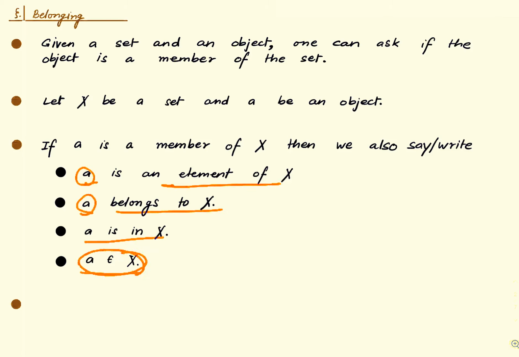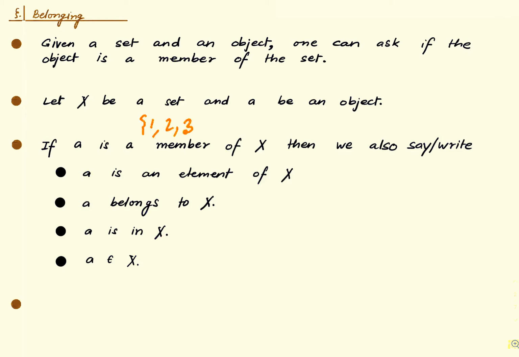Or we write this. So for instance, we will look at examples, but suppose this is our set X, and 2 is our object, the number 2, then 2 is a member of X, right? 2 is sitting here. So in that case, we say A is an element of X, or A belongs to X, or A is in X, or we use this notation.